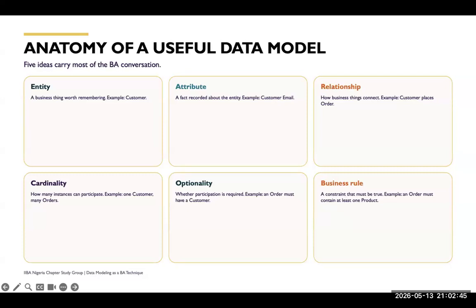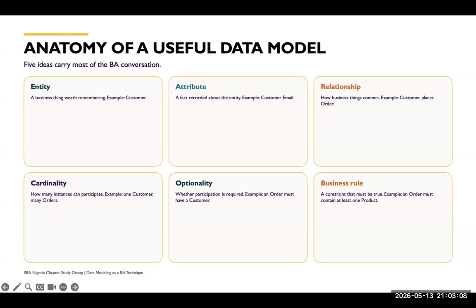And then we have the cardinality. Cardinality refers to how many instances can participate. For instance, a customer can place multiple orders. A patient can have multiple hospital appointments.